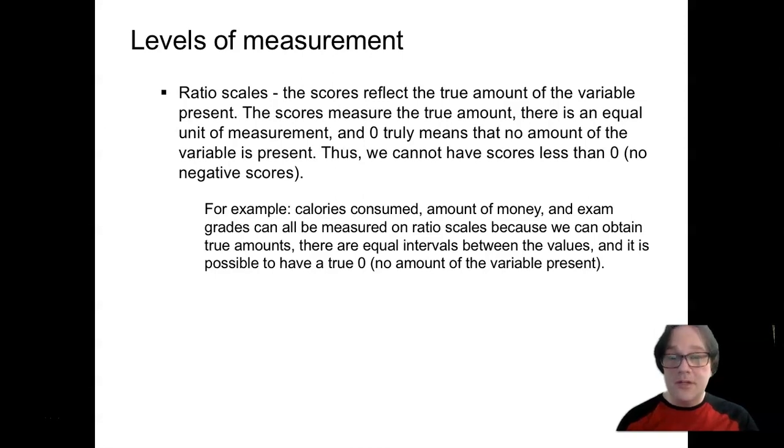And I made a joke last time that if you were to check my wallet, you would see $0 in there. So the amount of money you have is a ratio scale because you could have 0 money. And that's true, right? You can score a 0 on an exam. Let's hope you don't in this class. But you can have 0 points.